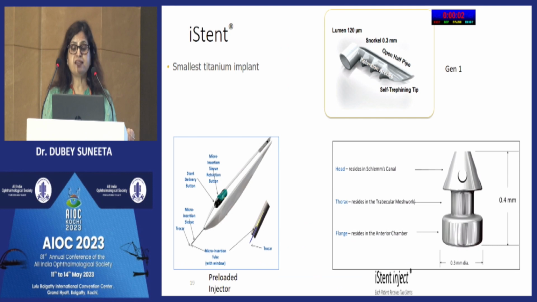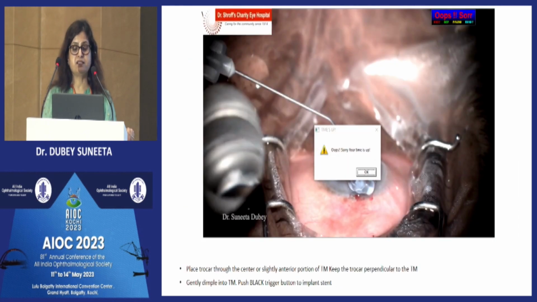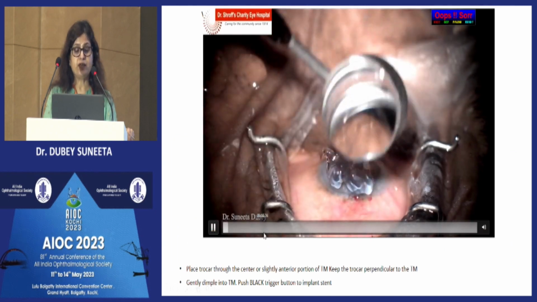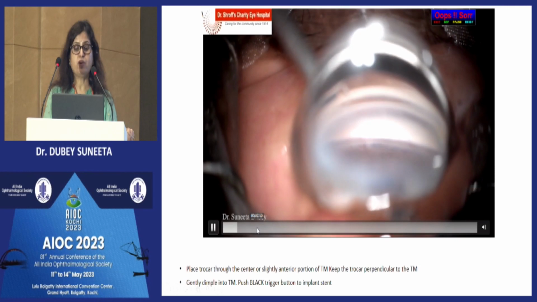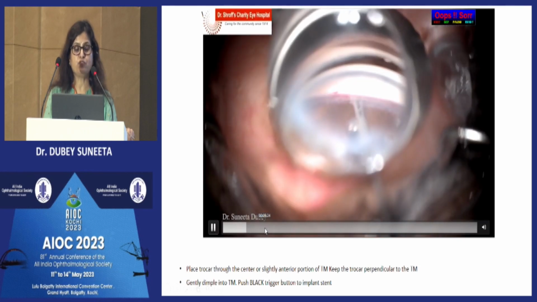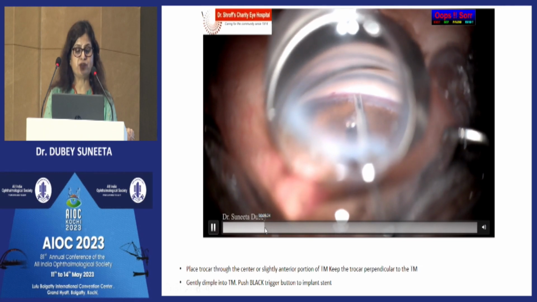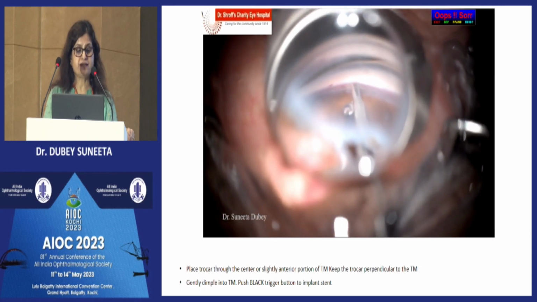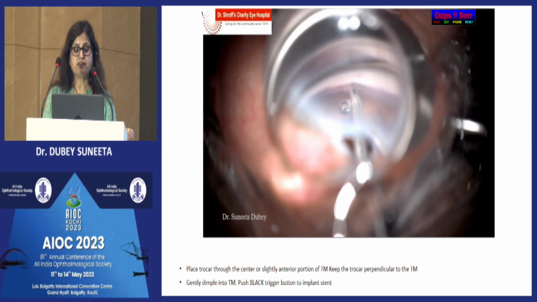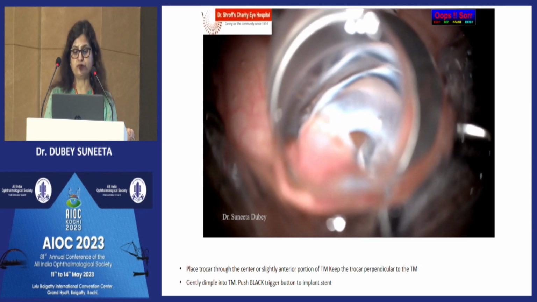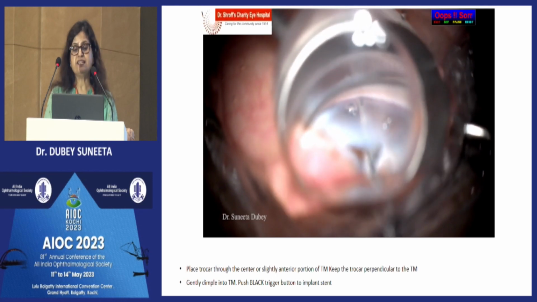Last, the iStent. Again, it is available with the injector. So here again, as I said, you need to have a very good and fast view of the angle, because you have to actually implant the device into the trabecular meshwork. You just indent the trabecular meshwork, the anterior part, keep the trocar perpendicular to the TM and gently dimple it.